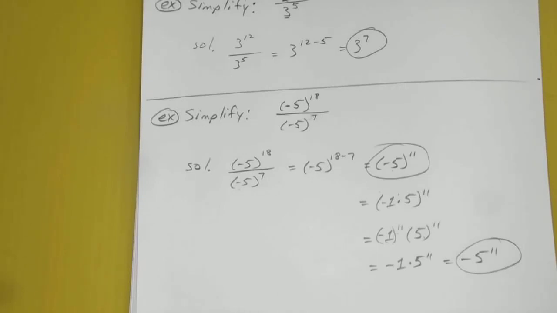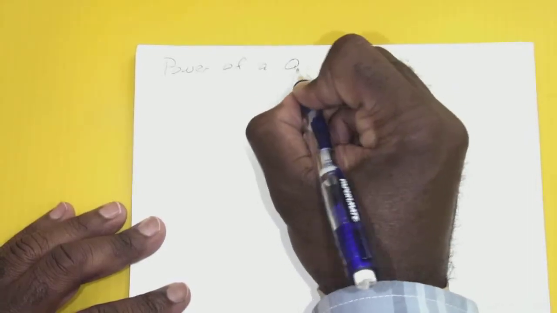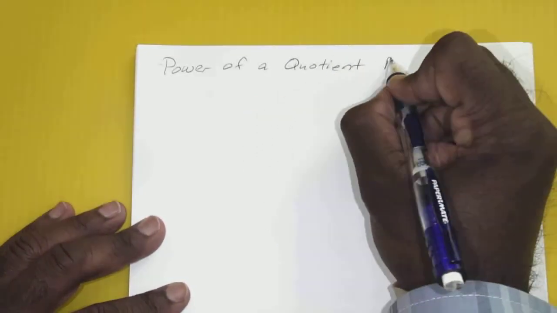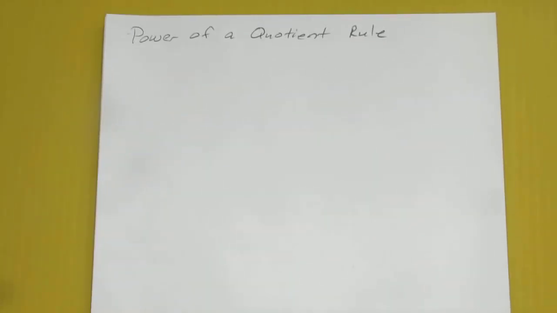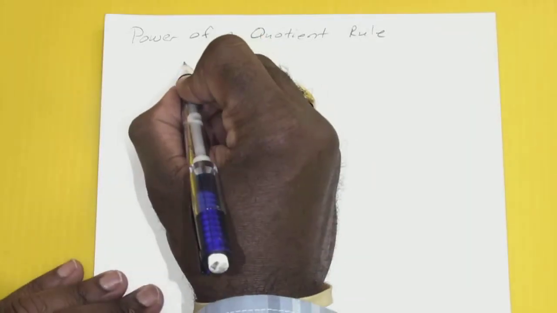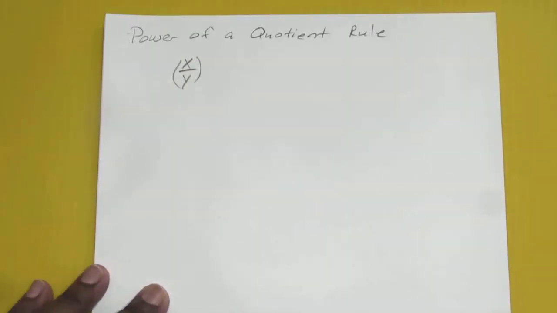All right, and last rule we're going to go over. We had the power of a product rule. Now we're going to go over the power of a quotient rule, which states, what if you have two bases that are different and you raise that to the power of m?